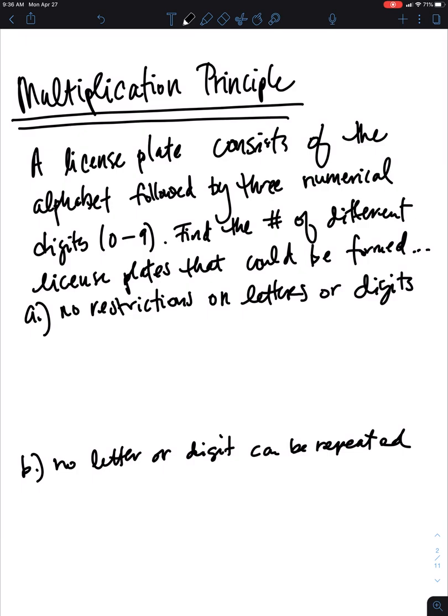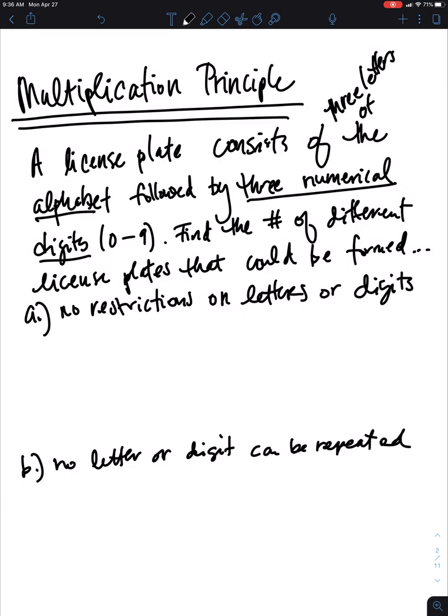A license plate consists of 3 letters of the alphabet followed by 3 numerical digits, 0 through 9.